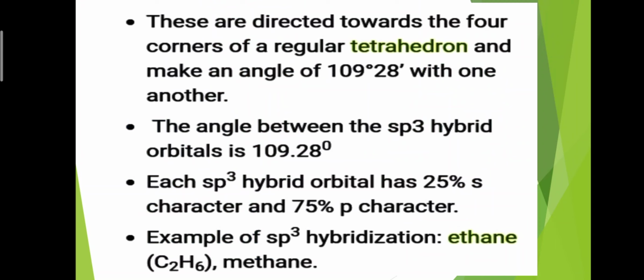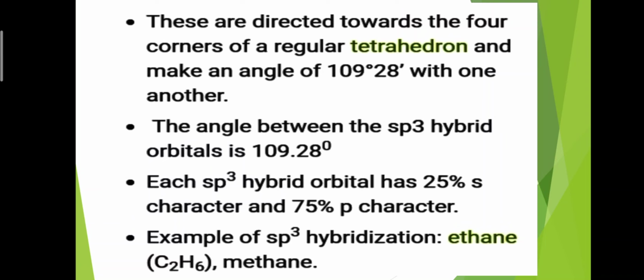These are directed towards the 4 corners of a regular tetrahedron and make an angle of 109.28 degrees with one another. The angle between the sp3 hybrid orbitals is 109.28 degrees. Each sp3 hybrid orbital has 25% s character and 75% p character.